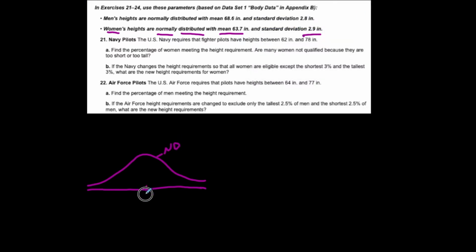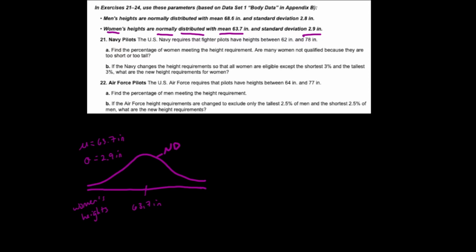The mean, which is mu, is 63.7 inches, and the standard deviation is 2.9 inches. So the center of this curve is 63.7 inches. That means the values along the horizontal scale represent women's heights. Okay, that's my first situation that is given.